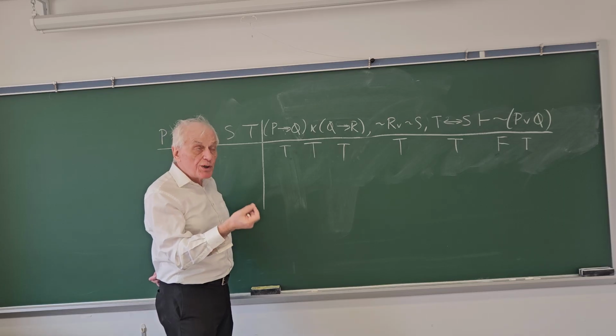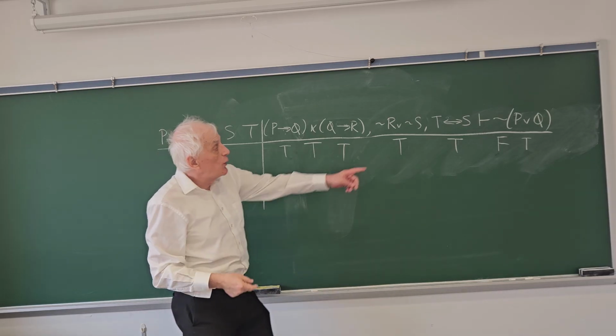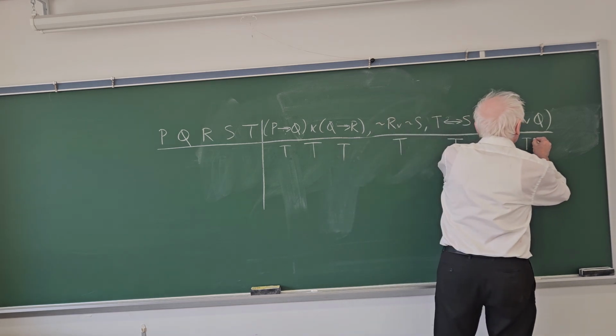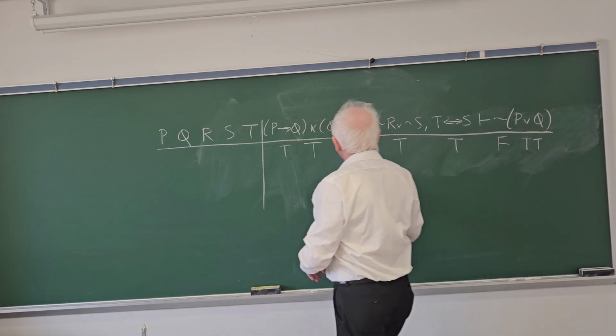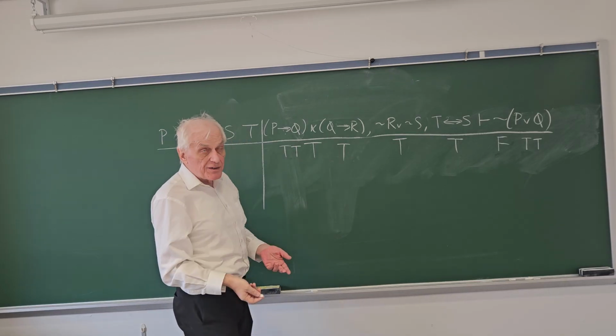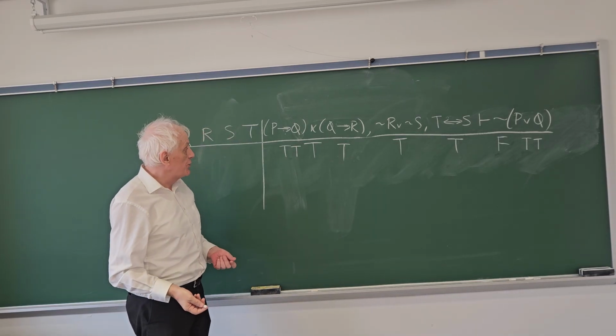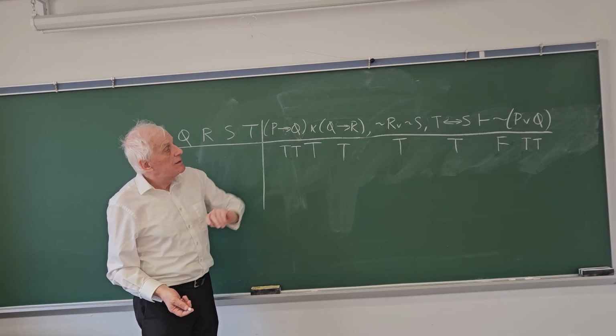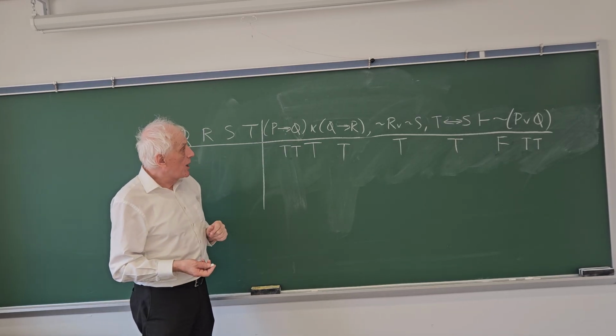If P is true, Q's true, and if P is false, to keep the disjunction true, we must have Q true. So we know that Q is true either way, because this says if P then Q, and that says either P or Q.